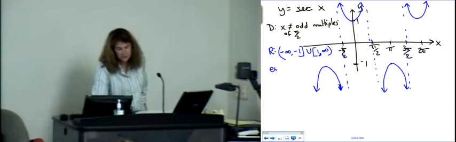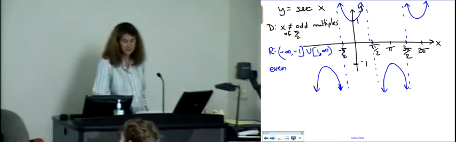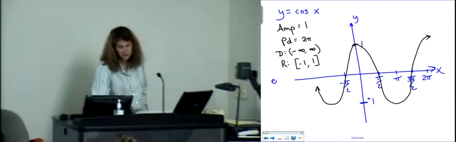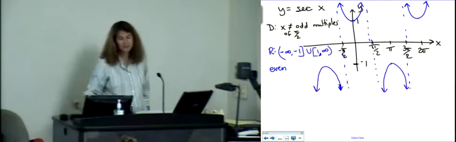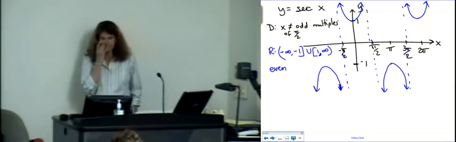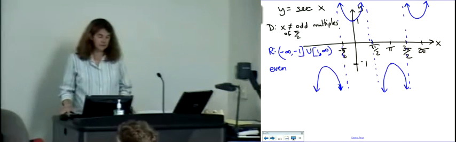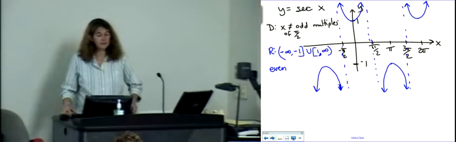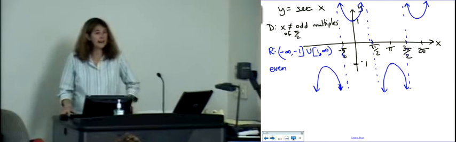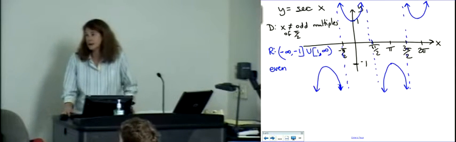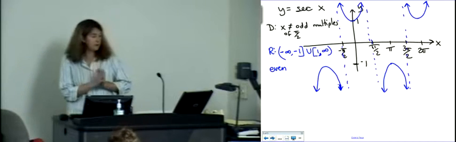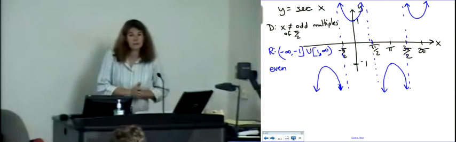We forgot to say that cosine's even, so is secant. I'll go back over here and put cosine is even. That means it's symmetric about the y-axis. If we fold over the y-axis now, we see that the two parts match up perfectly.